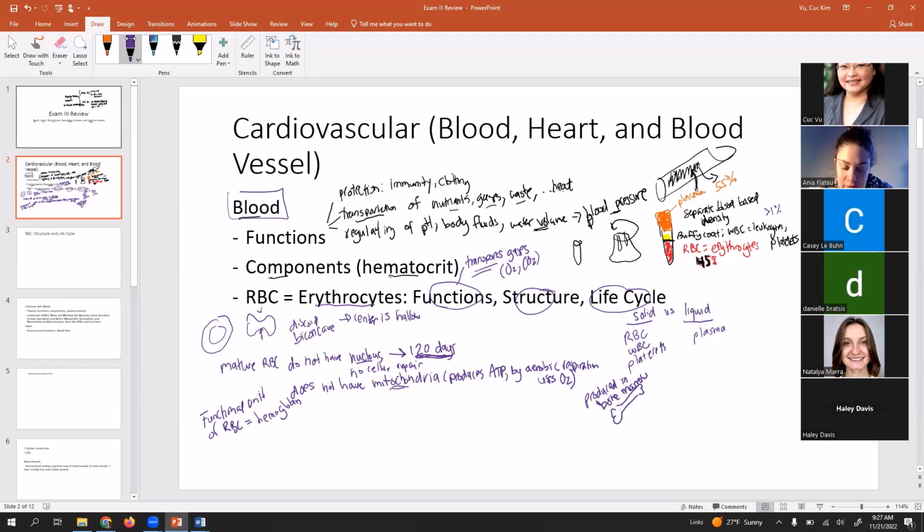Okay. Once they're produced, they're going to survive for how long? 120 days. And at around 120 days, what's going to happen to them? They start to break down. Yeah. And what catches them?